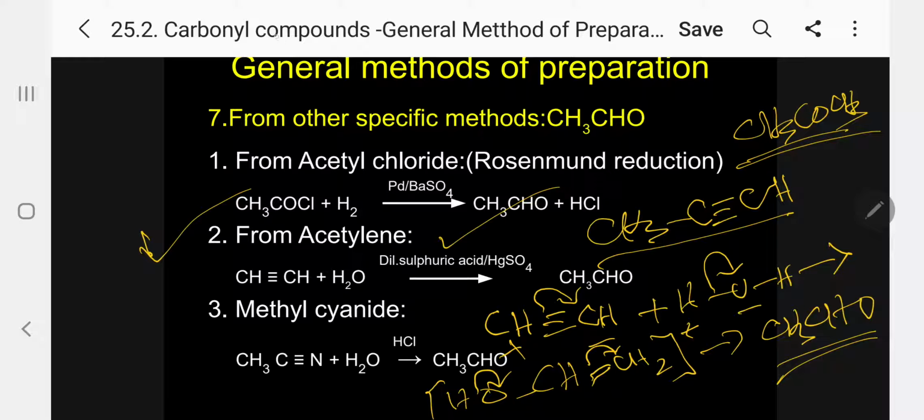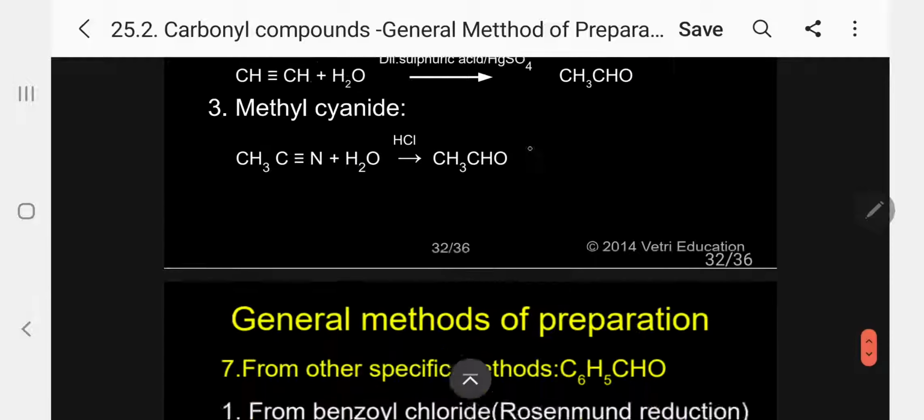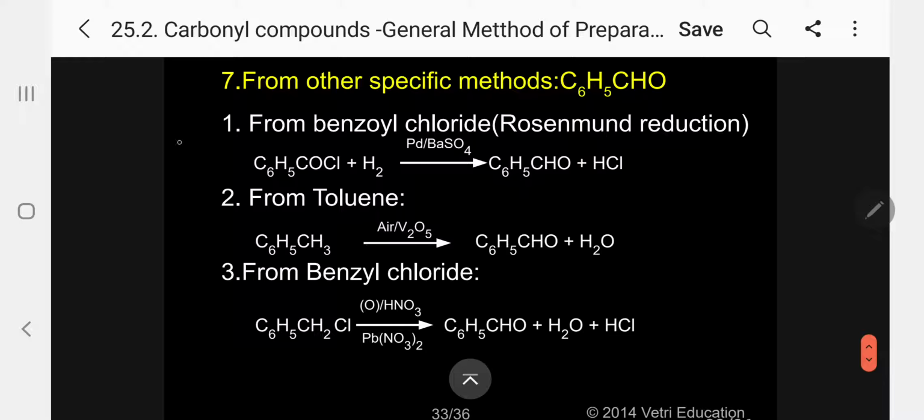Okay. The next one is from methyl cyanide, I can also prepare by partial hydrolysis. I can get now this acetaldehyde. Kindly follow. This is only for acetaldehyde, specific: Rosenmund reduction and acetylene. Coming to benzaldehyde, specific example, again, Rosenmund reduction: benzoyl chloride undergoes reduction with hydrogen, palladium, barium sulfate, then benzaldehyde and HCl.